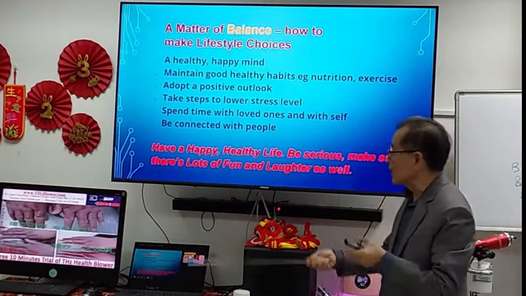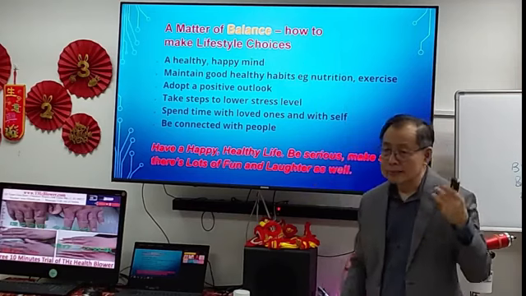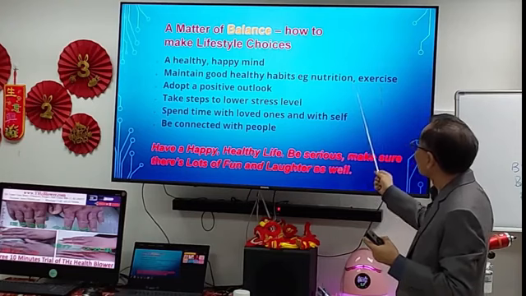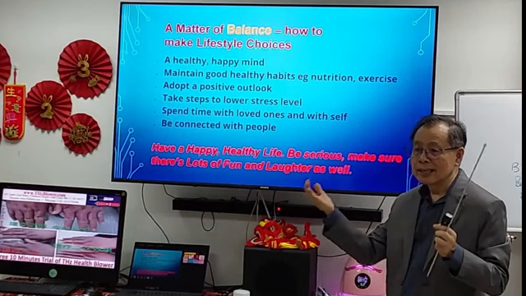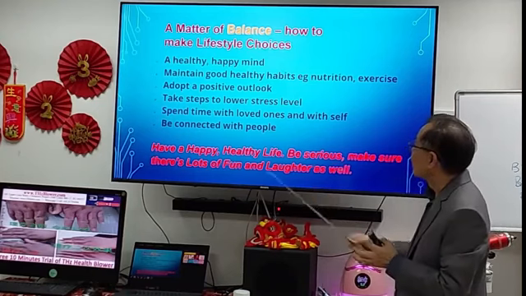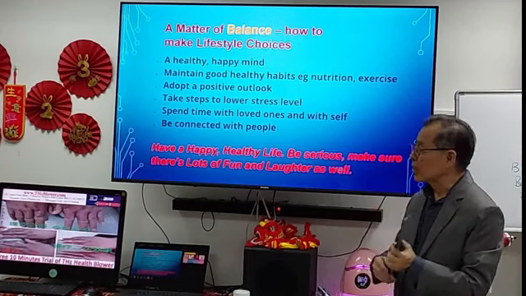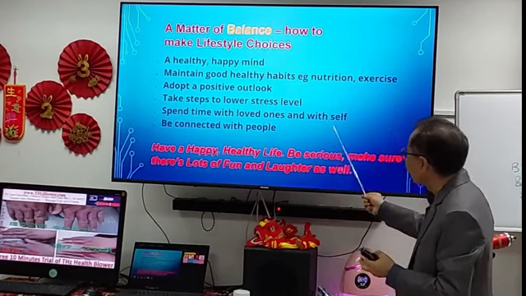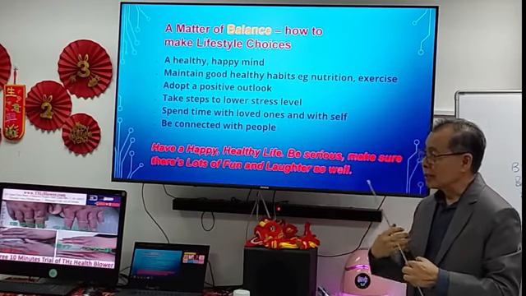Diabetes is a disease of lifestyle. So what is a lifestyle? Lifestyle, mind and body. Healthy mind, good healthy habits, nutrition and exercise. Nutrition has always to balance out with exercise. Input, output, positive outlook, lower stress. Social connection is very important. Not only with loved ones, but with yourself.